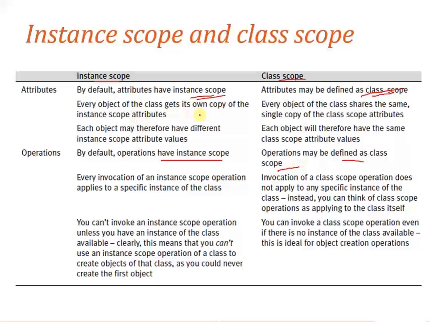Every object in a class gets its own copy, but with class scope the class shares the same single copy among multiple objects. Each object may therefore have different instance scope attribute values, but here we have the same class scope value. Similarly, for operations, instance scope means we have a separate copy for each and every object, but for class scope the same copy is applied, and the same memory space is accessed by all the instances of the class.